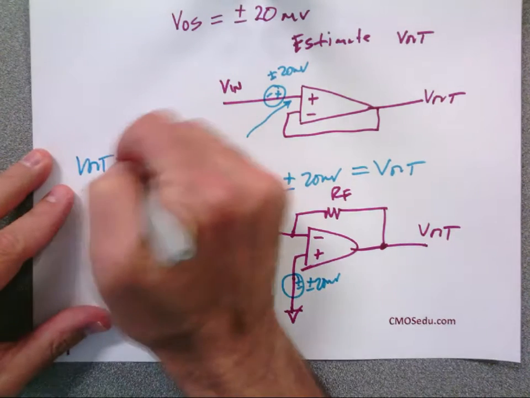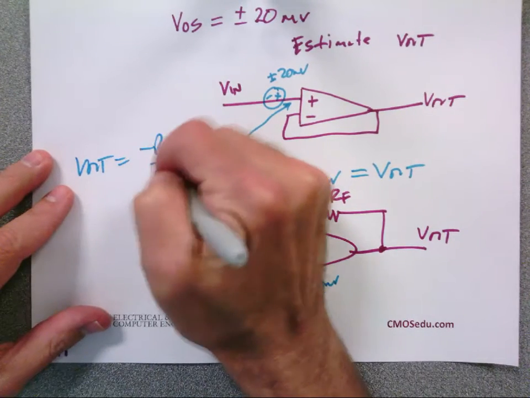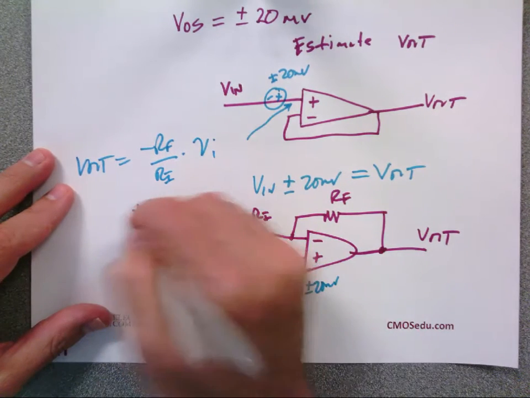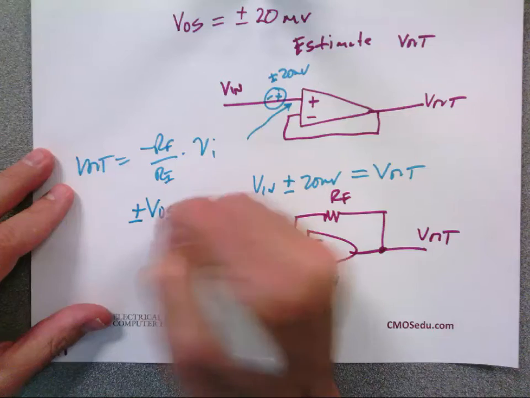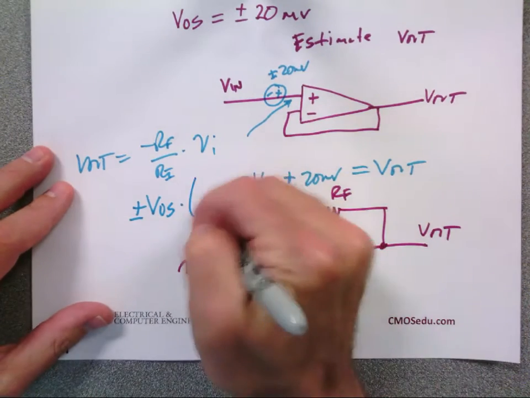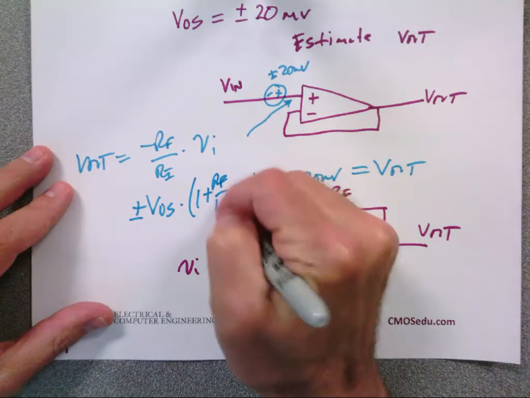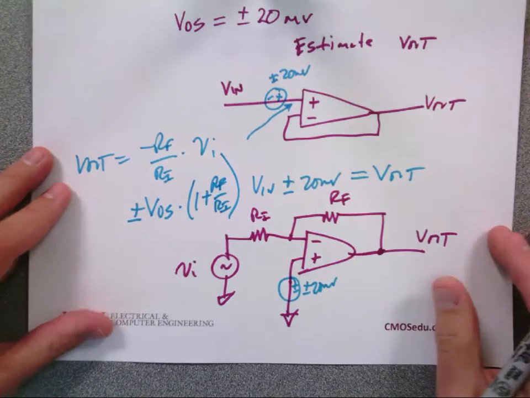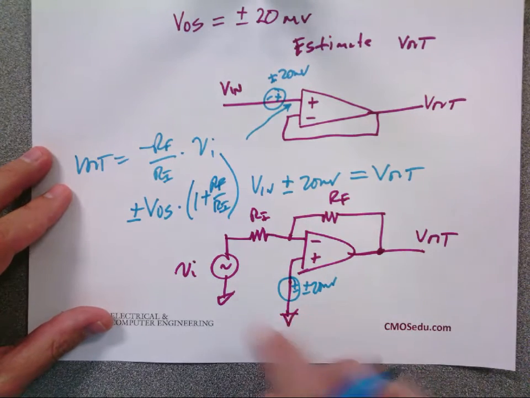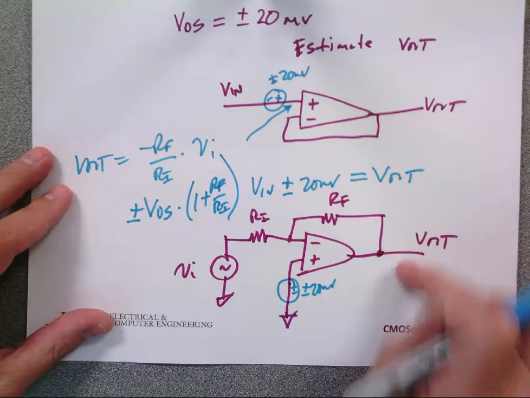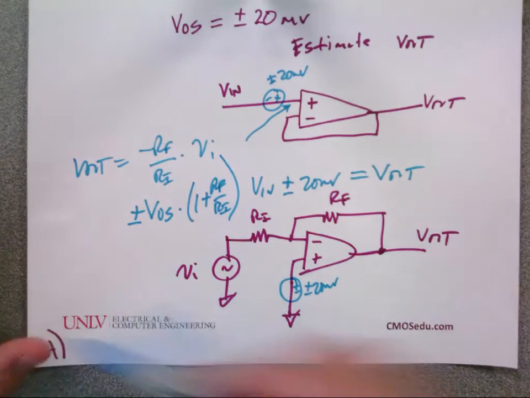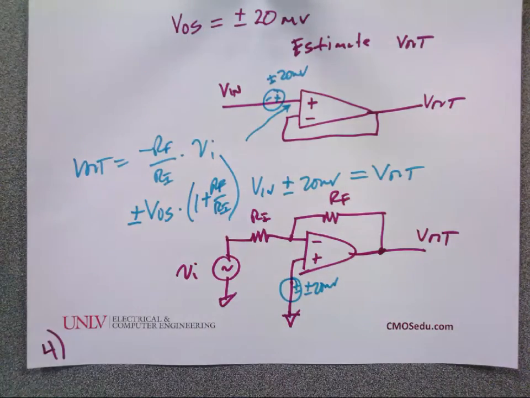V out equals minus R_F over R_I times V in, plus or minus V_OS times, with superposition, that's grounded, 1 plus R_F over R_I, because I know the two topologies. I know the gain of the inverting when that's zeroed out, and then when that's there, I zero this out, and it's nothing more than the non-inverting topology. I write the answer down, or I can derive it if I have to. There's where we go.